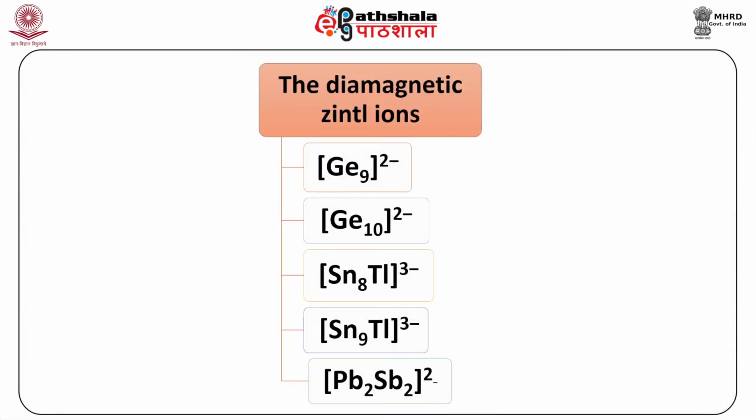Some diamagnetic Zintl ions of this group are Ge9 2-, Ge10 2-, Sn8Tl 3-, Sn9Tl 3- and Pb2Sb2 2-, whereas Ge9 3- and Sn9 3- are exemplified as paramagnetic.